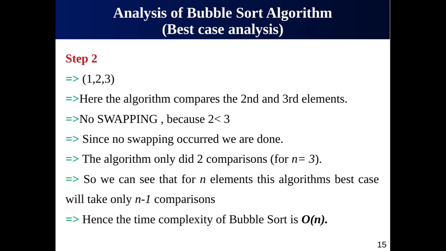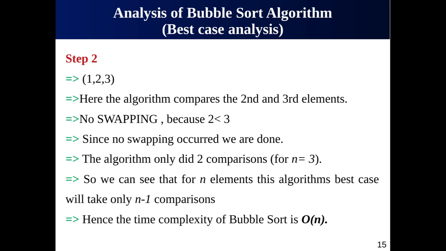2 is less than 3, so again no swapping will occur because the elements are already in ascending order. Since no swapping occurs, we are done. And we saw that the algorithm only did 2 comparisons for n equal to 3.